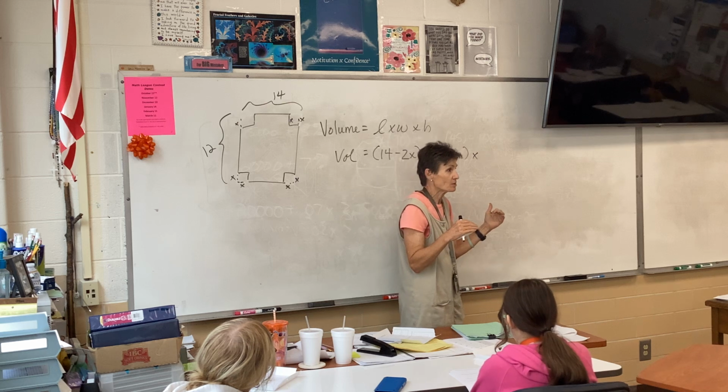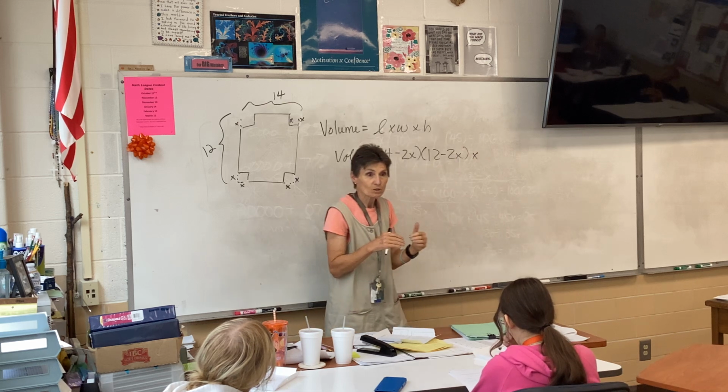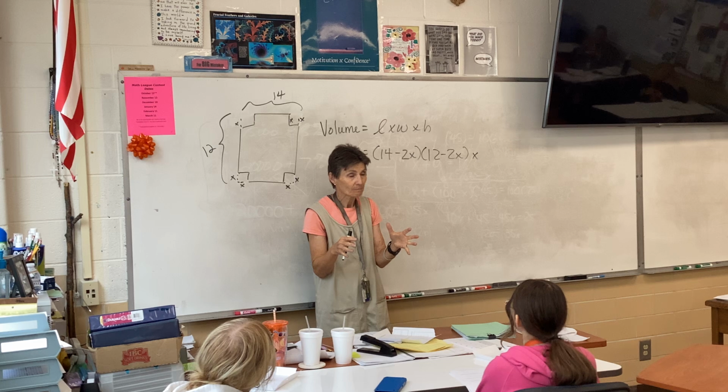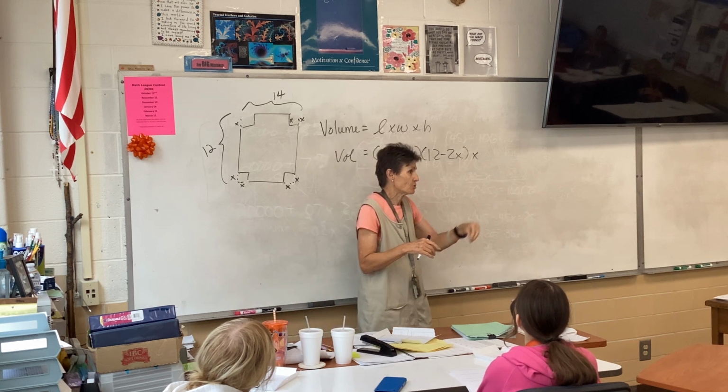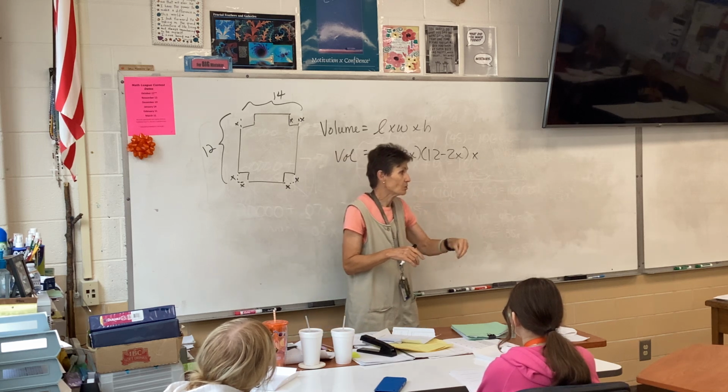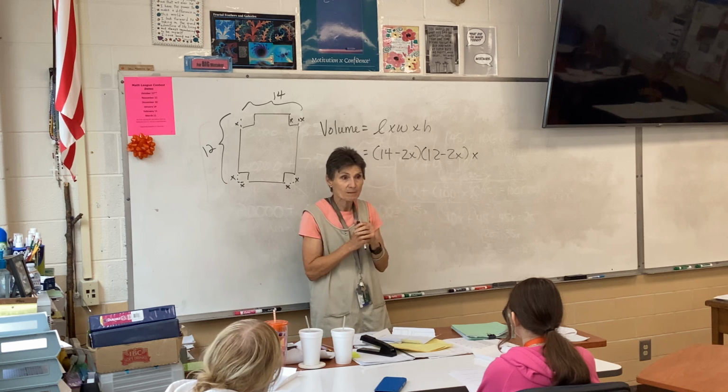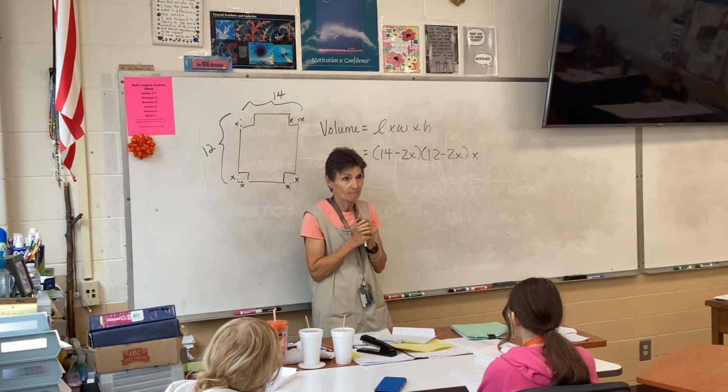It ain't never going to change. It's always going to be that. So whatever the dimensions are, I don't know, 50 minus 2x, 40 minus 2x times x. That's going to be your volume every time. Got it?